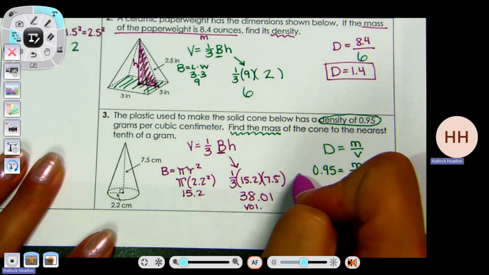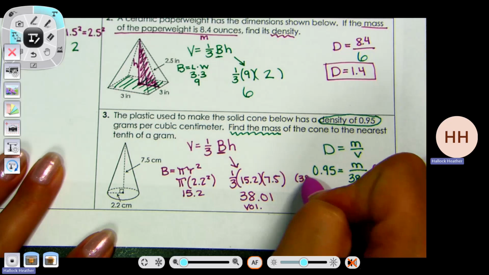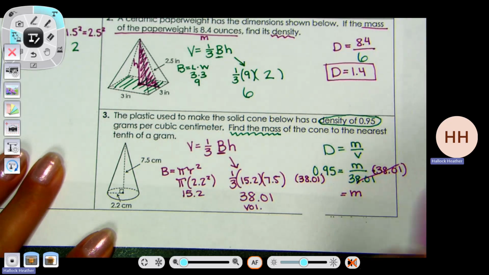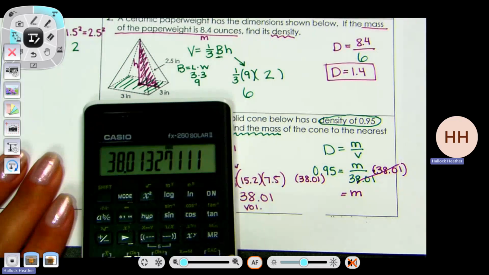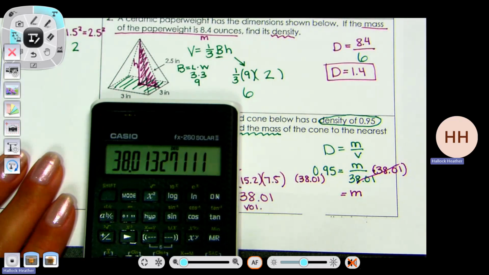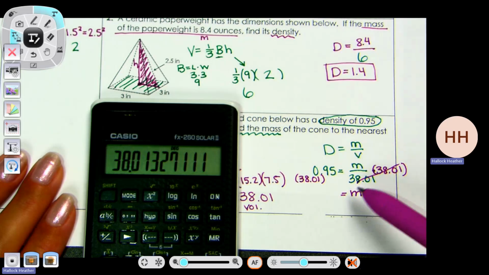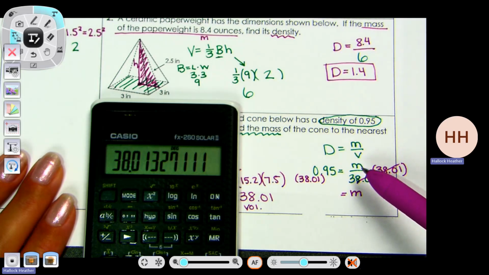Do we remember this from middle school? Single step equations. It was a long time ago. You're multiplying because it's the opposite of division. Normally you have the numerator and denominator, so you can just divide them. But this time I'm trying to find the mass. So it's 0.95 times 38.